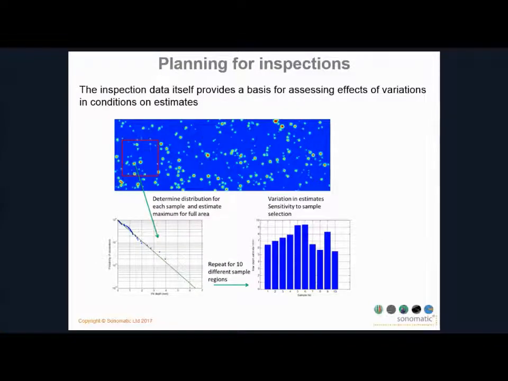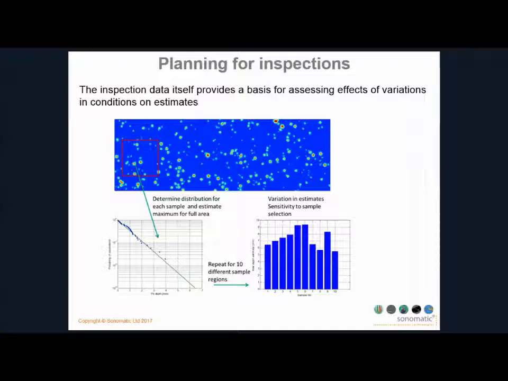It's also worth saying that up front it's difficult to understand what the density and homogeneity are likely to be unless you've got additional inspection information. But once you've carried out the inspection, the data itself gives you a basis for understanding the effects of spatial variations on estimates.